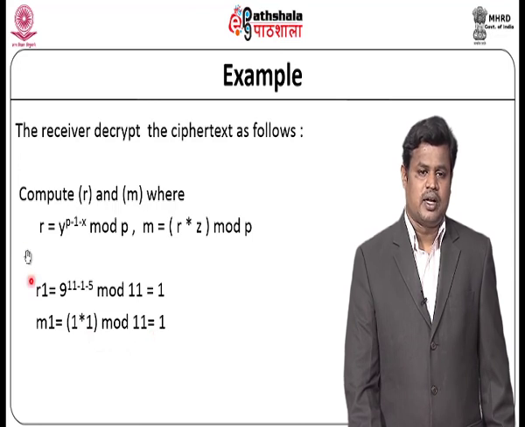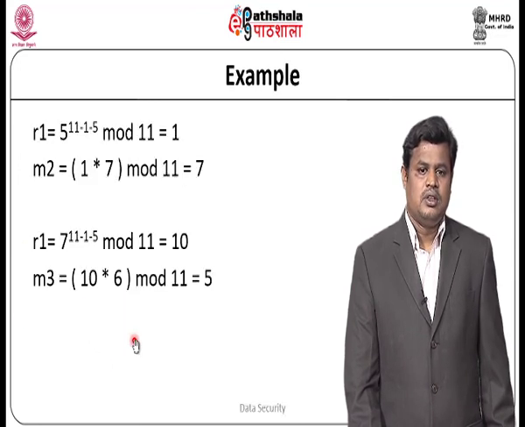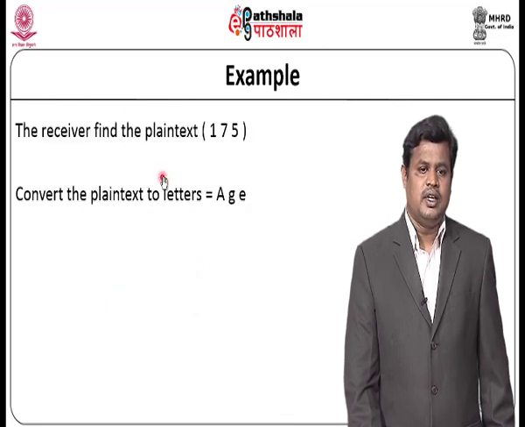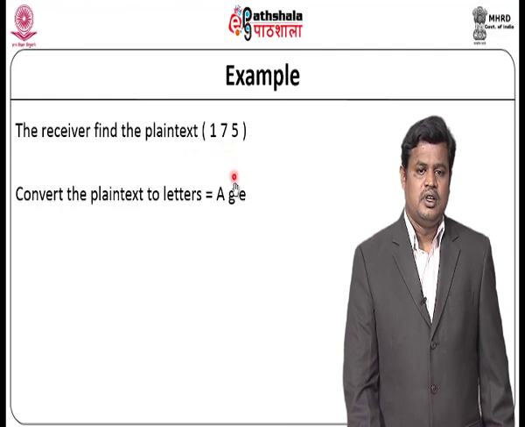So now I got the letter A. Similarly I do it for the letter G and also the letter E. After doing this process, I get the original plain text sent from Alice to Bob: 1, 7 and 5, the letters of this plain text being H, A, G, E.